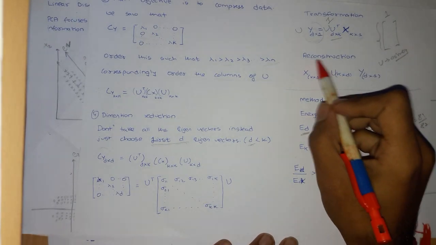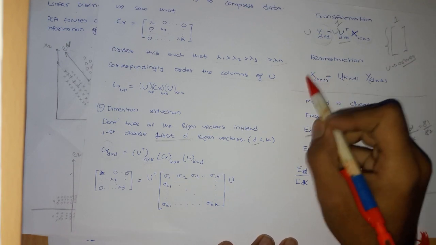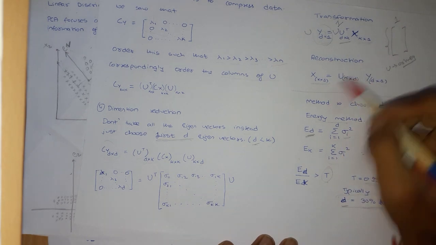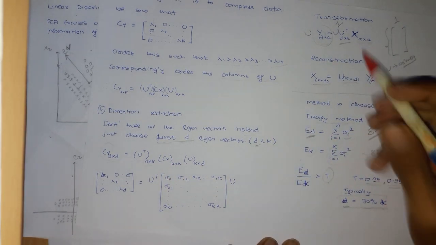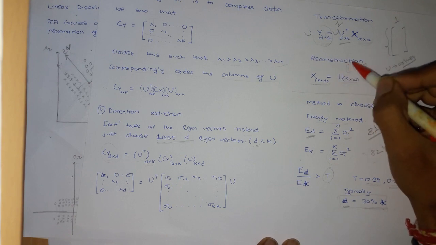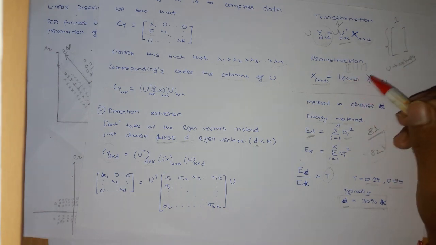Here you can see the reconstruction equation. The x space will be equal to U times y, where U is a matrix having all the eigenvectors, eigenvector 1, 2, 3, 4, like this, and y is the transformed space.